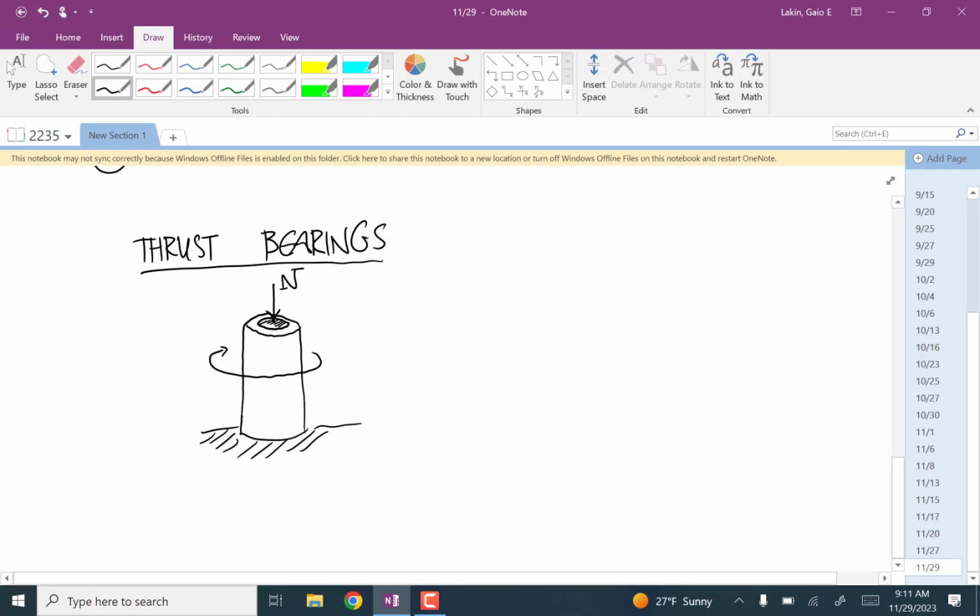Okay, so if your coefficient of friction is the static coefficient of friction, that's the maximum couple you can apply before this starts to rotate.